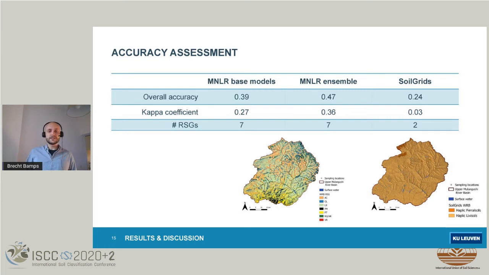These efforts are needed to improve and complement extremely useful global soil products, such as SoilGrids, and to make them more suitable for smaller scale applications on the regional or local scale.